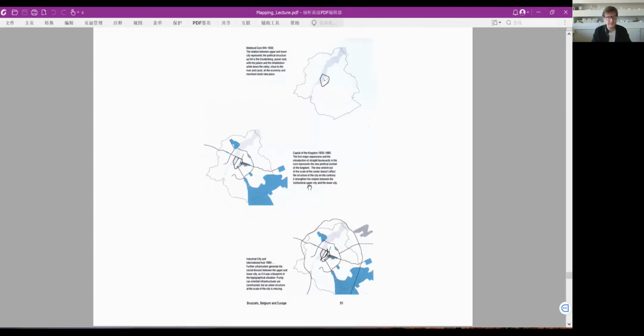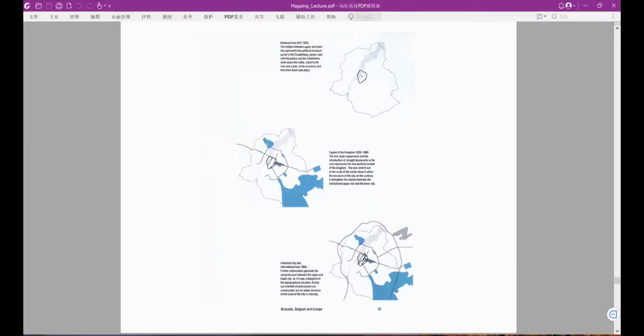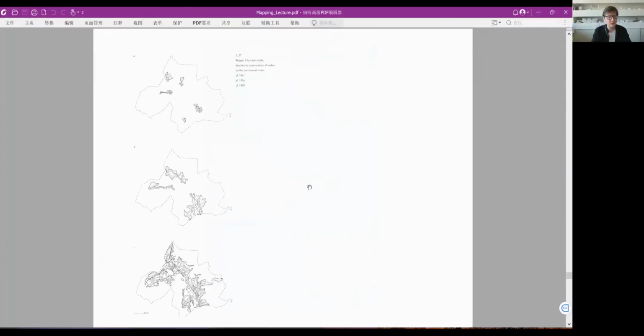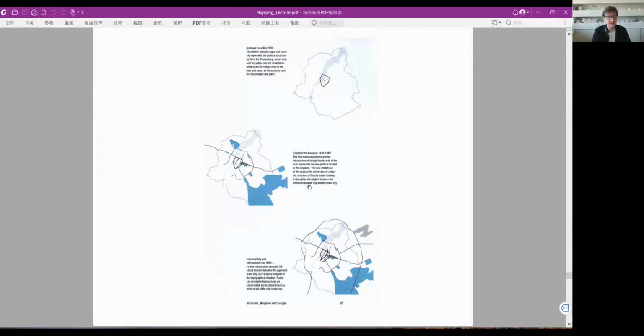So here you can see very nicely in Brussels how the city evolved over time and why the city changed over time. It starts with the core next to the river, the so-called Pentagon, and it expanded during the time of the kingdom between 1830 and 1880.